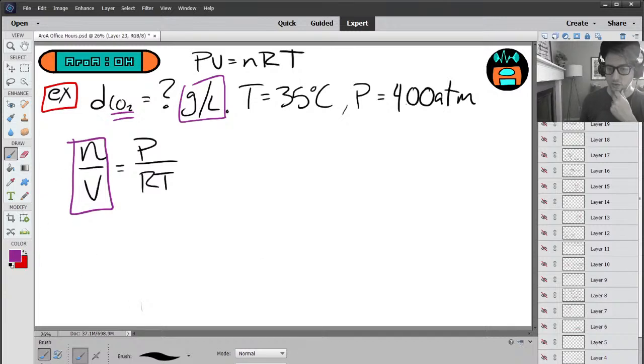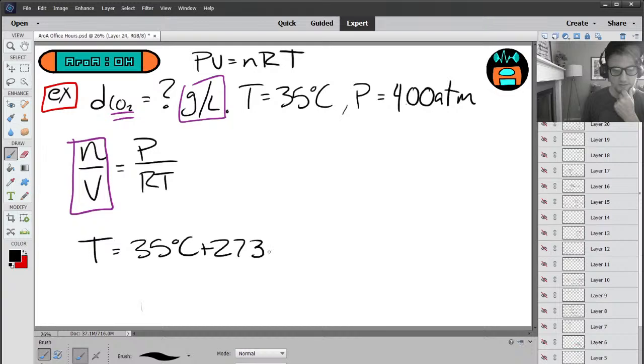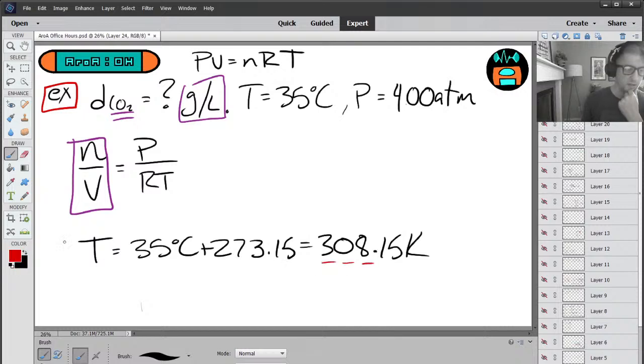The one detour we have to take is we need to convert our temperature from Celsius to Kelvin. So this will be 308.15 K. But now we can punch them in here.